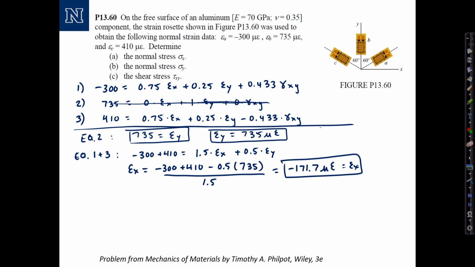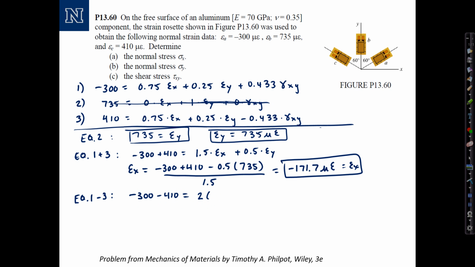Okay? Now look what happens if I take equation 1 minus 3. In that case, 0.75 minus 0.75, epsilon x will cancel out, epsilon y will cancel out, and we can solve directly for gamma xy. I have negative 300 minus 410 equals 0.433 minus a negative, so a positive 0.433.